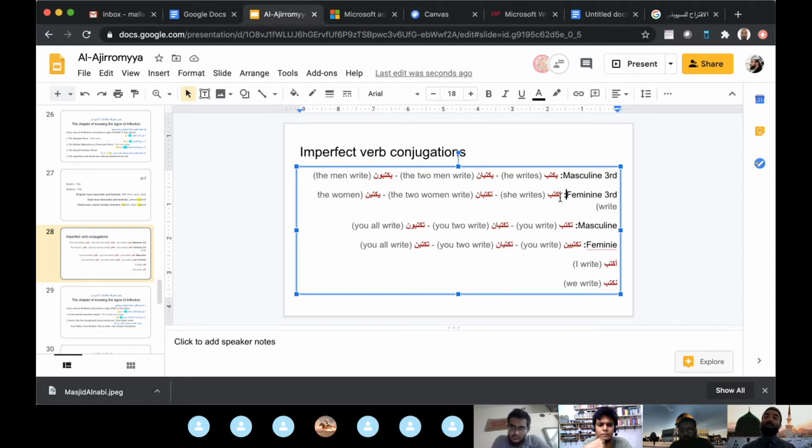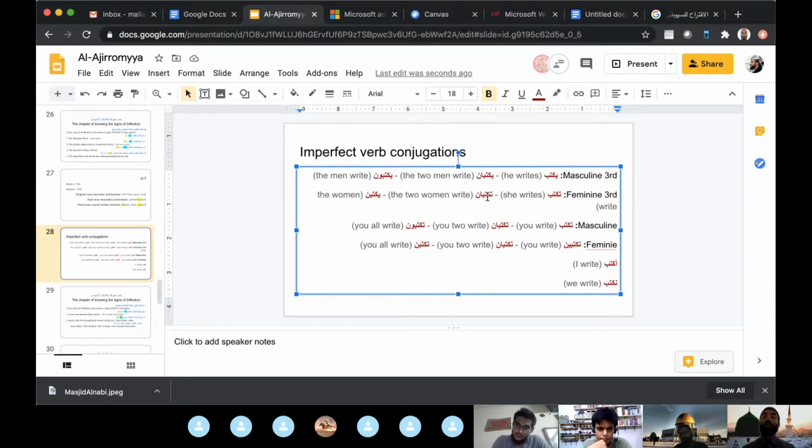The ta tells us that it's a feminine word. Feminine, exactly. There's more to it, but we'll talk about that in a few seconds. So this ta tells you that if you are actually talking about the third person, this ta indicates femininity.